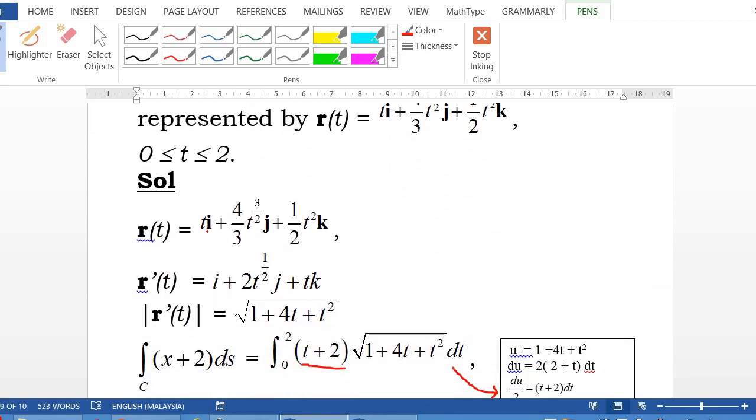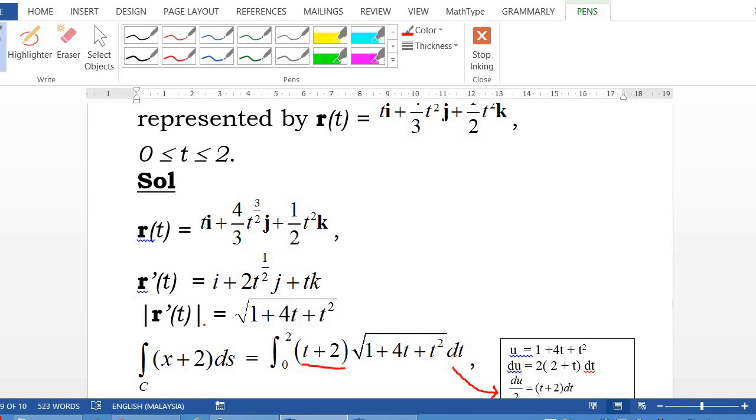Here r(t) is t i plus 4 over 3 t to the power 3 over 2 j plus half t squared k. r prime t means you differentiate r(t): d/dt of t gives 1 i, d/dt of 4 over 3 t to the power 3 over 2 gives 2 t to the power half j, then d/dt of half t squared gives t k.